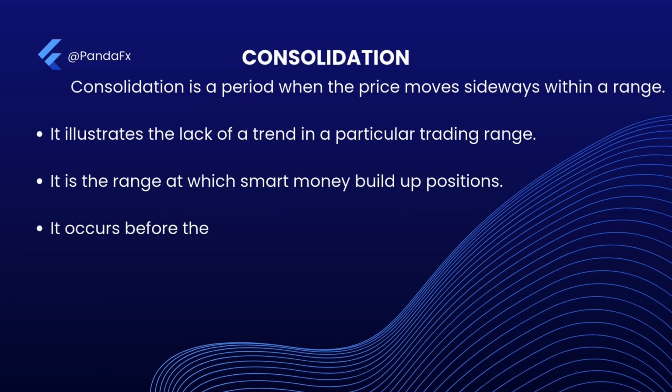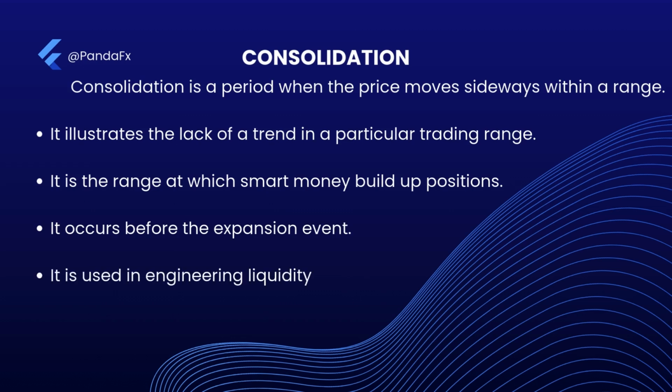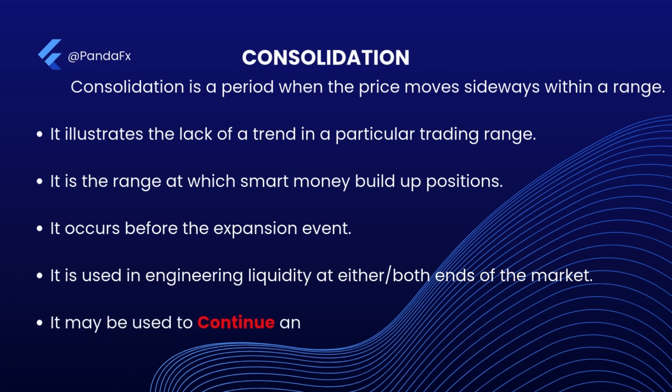It is the range at which smart money builds up positions. If smart money is anticipating price either going up or down, they build up their positions, either buys or sells, during the consolidation stage. It occurs before the expansion events.